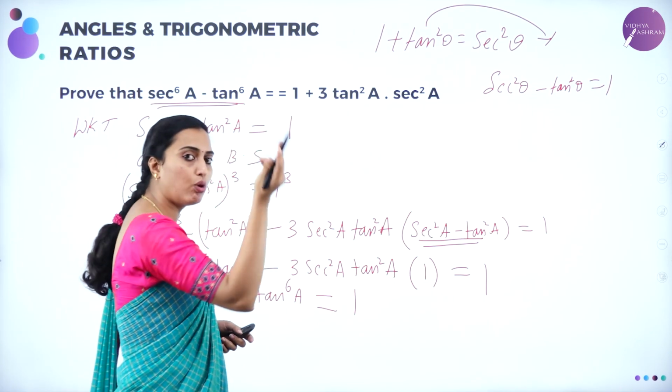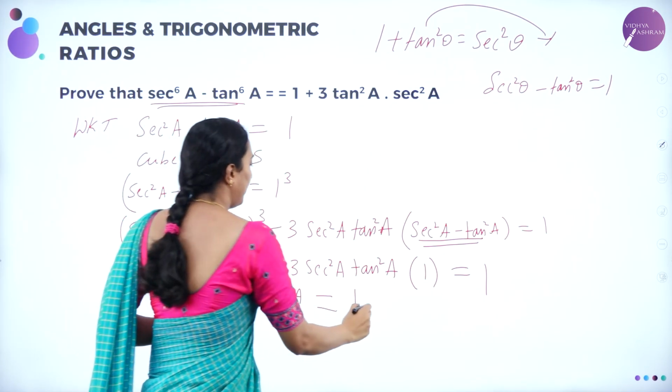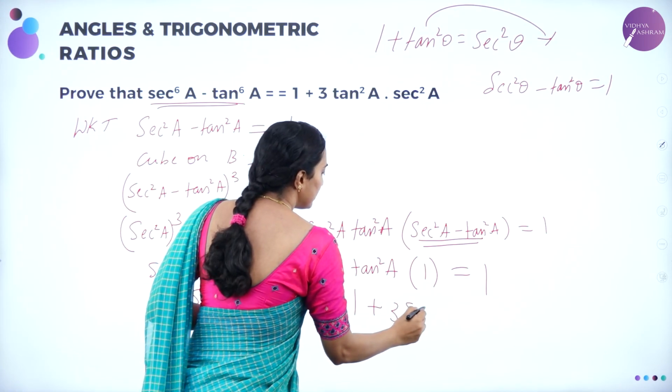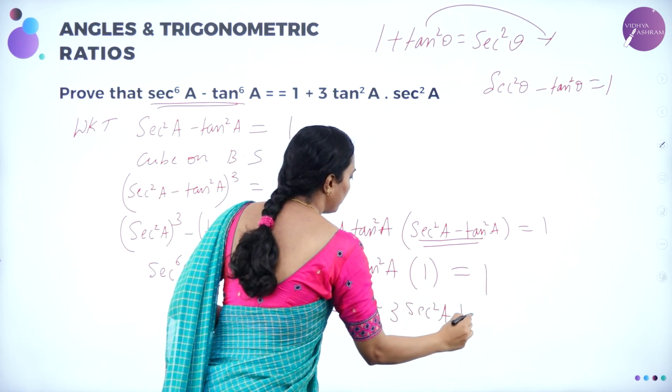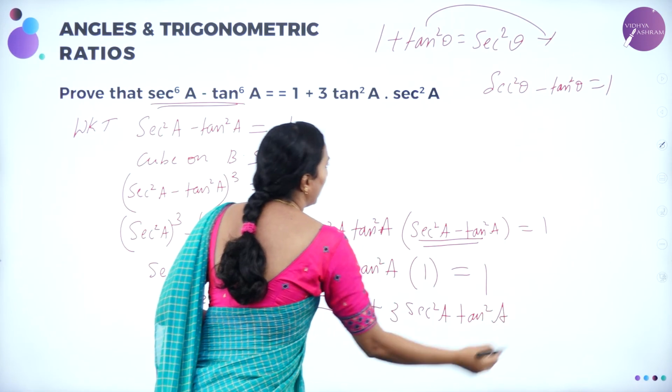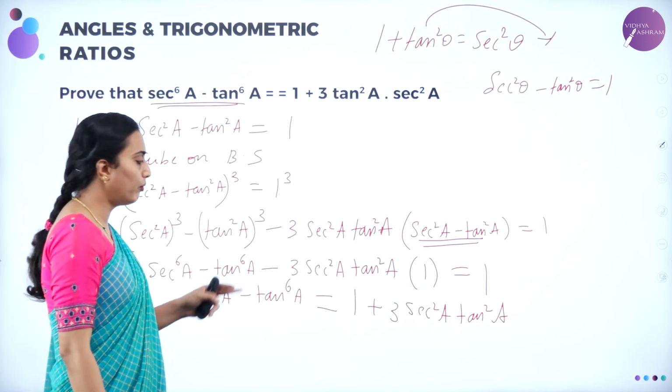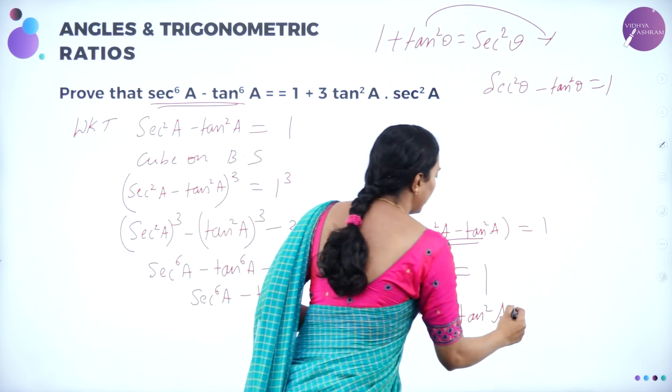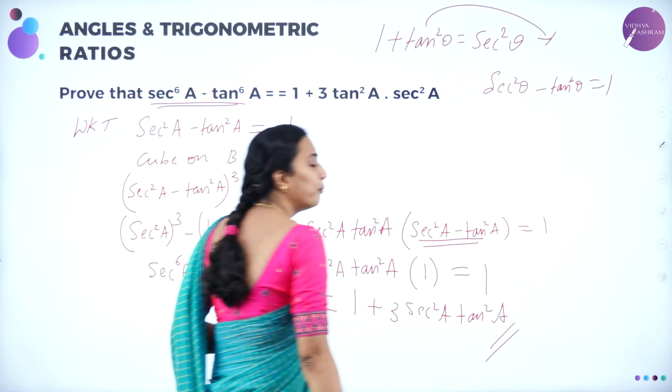The minus, if it goes to that side, will become plus 3 secant squared A into tan squared A. Wow, we got the right hand side: 1 plus 3 tan squared A secant squared A, which is the proof.